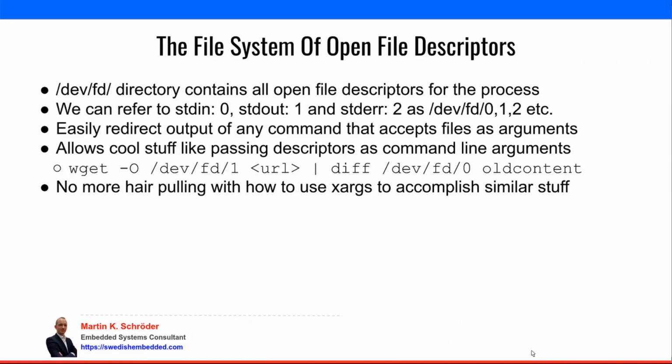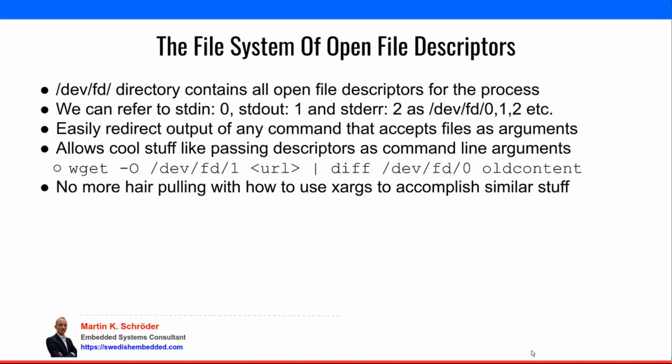This is just an example, but you can see the power of this. You can literally just pass the descriptors anywhere in the command, and when the application opens that descriptor as a file, it's essentially opening the descriptor. So it's going to be pointing to stdout or stdin in this case.